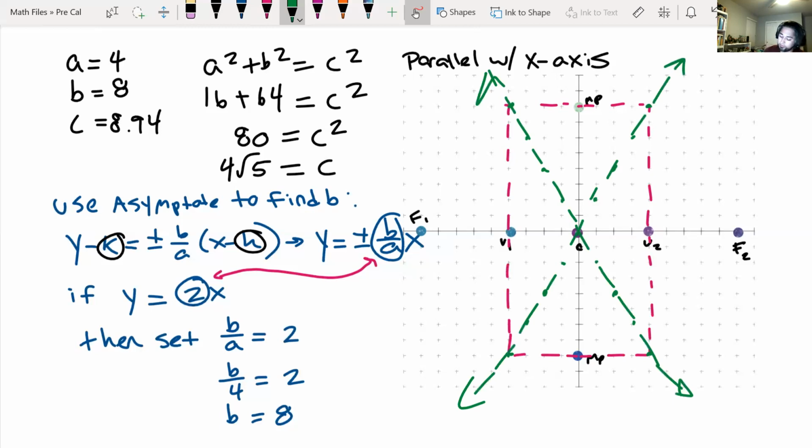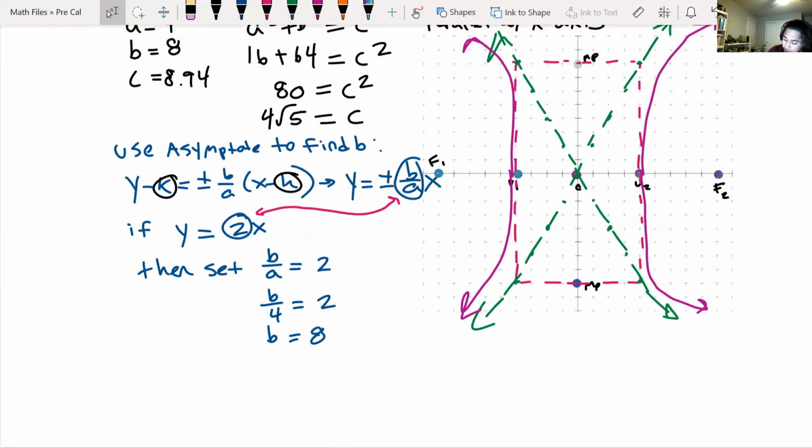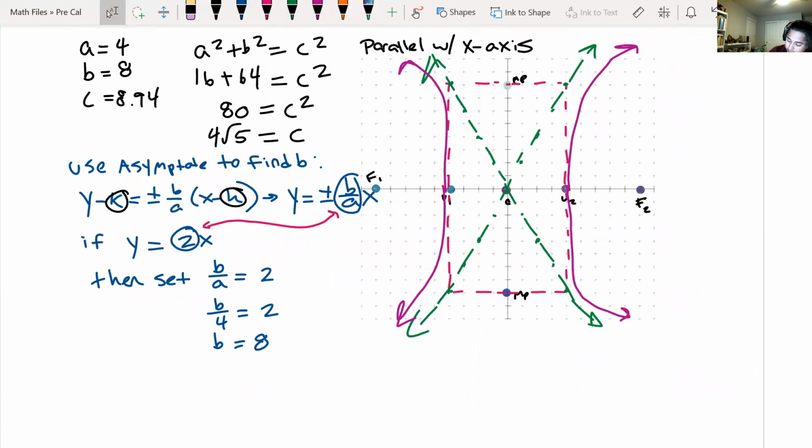And my hyperbola is horizontal, so this means it will open up into the right, down into the right, up into the left, down into the left. And now all we have to do is label everything we have.